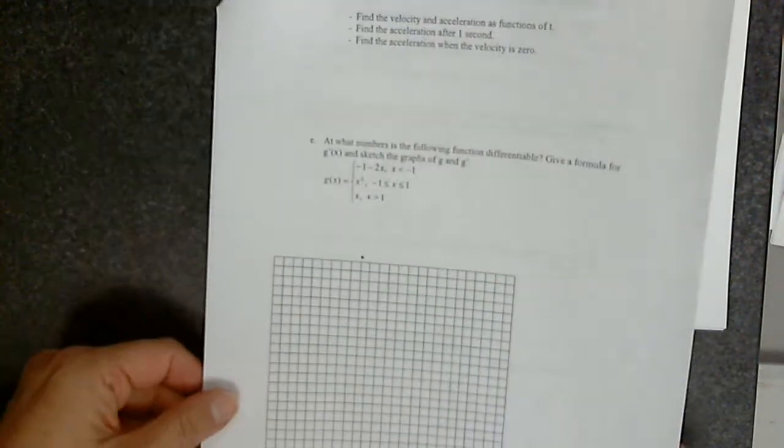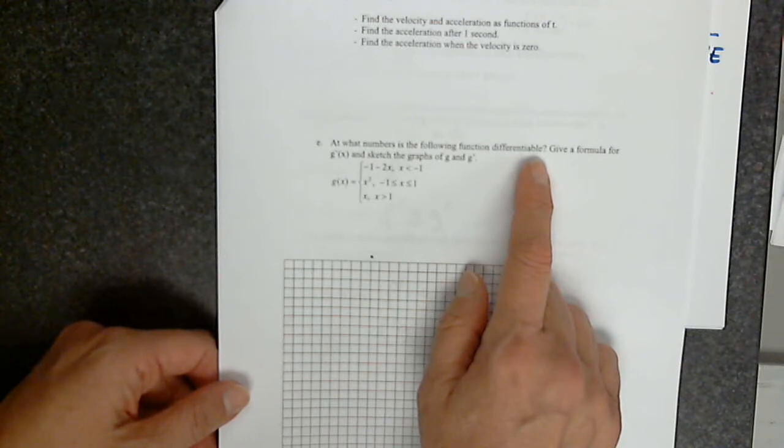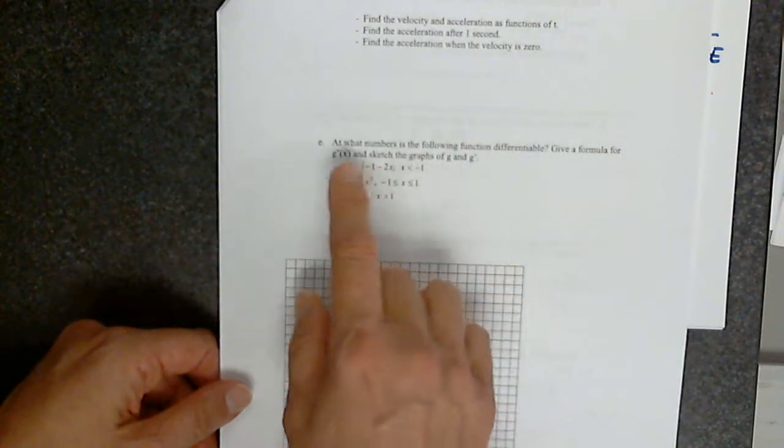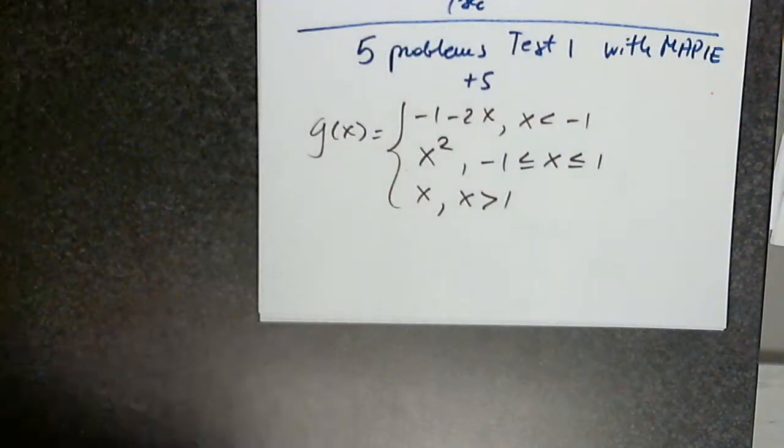So first of all, at what numbers is the function differentiable? Give a formula for g prime, and then sketch the graphs of g and g prime.